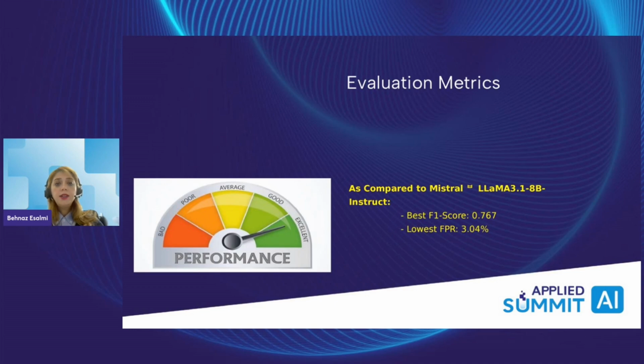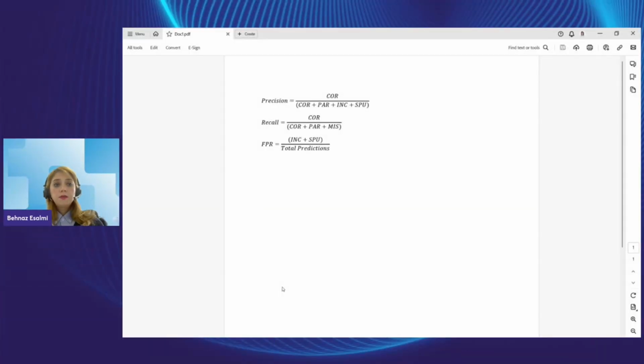And regarding the evaluation metrics, we had three metrics: precision, recall, and false positive rate. As you know, these metrics have their own standard formulas, but in our framework, we use a different kind of equation for precision, recall, and false positive rate based on the categories that physicians assign to the concepts.